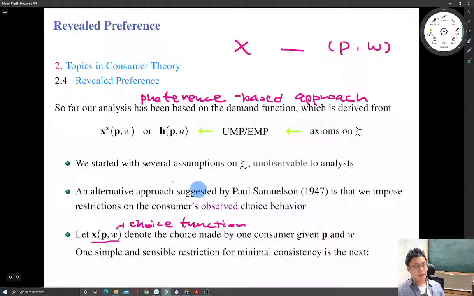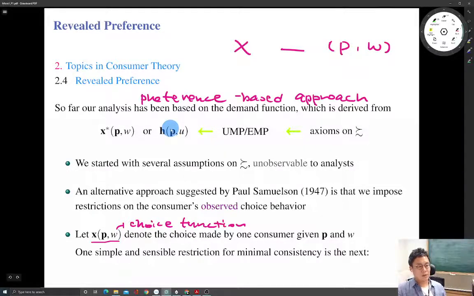Okay, so the basic idea of revealed preference can be understood as the reverse engineering of this preference-based approach. Under the preference-based approach, we started from the preference relations, okay, and then we formulated these two optimization problems, and from that we can obtain some predictions. Okay?